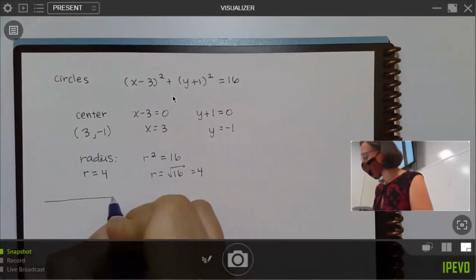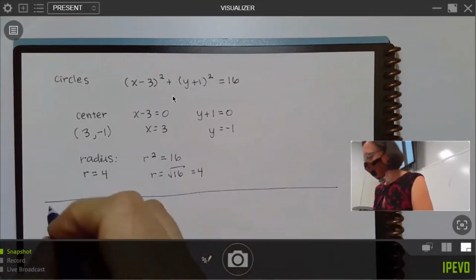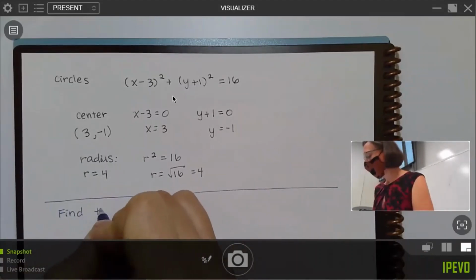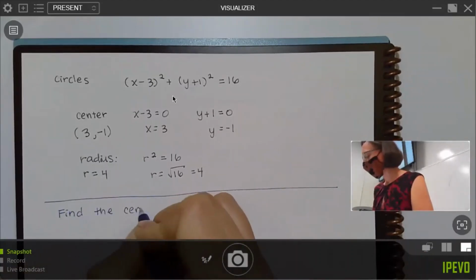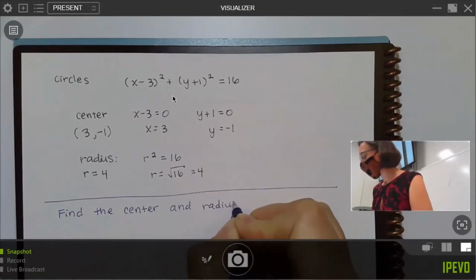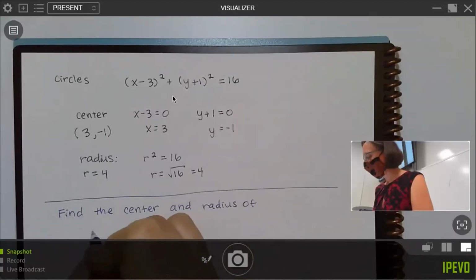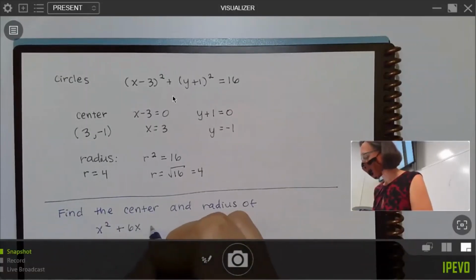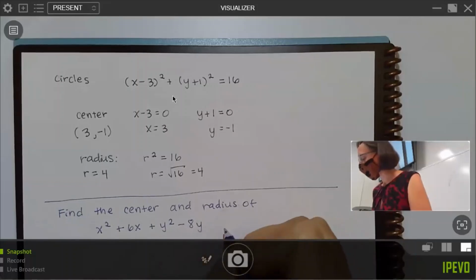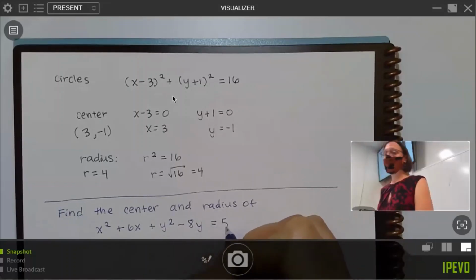And what I mean by not the pretty way is I could ask you something like, find the center and radius of, and I'm going to write this as x^2 + 6x + y^2 - 8y = 5.